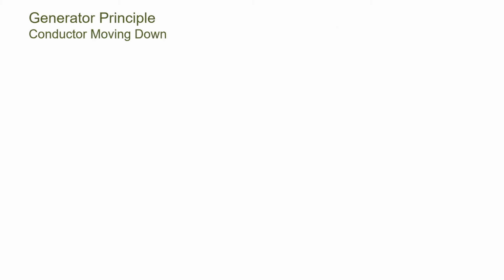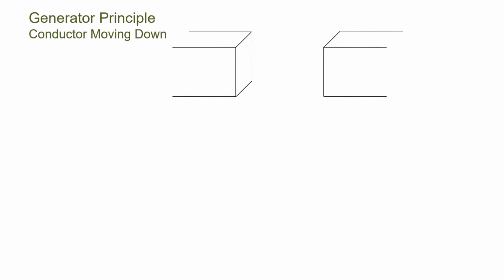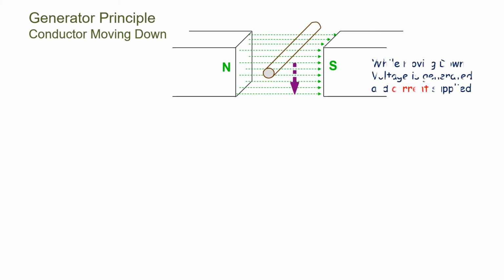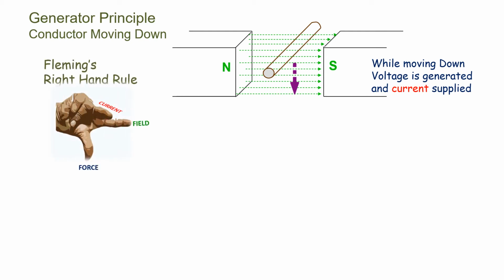Let us understand the generator principle when the conductor is moving down. We have N and S poles, magnetic field towards right. Conductor is placed in the magnetic field and is moved down. While moving down, the voltage is generated in the conductor and current flows. In order to know the current direction, apply the Fleming's right-hand rule.